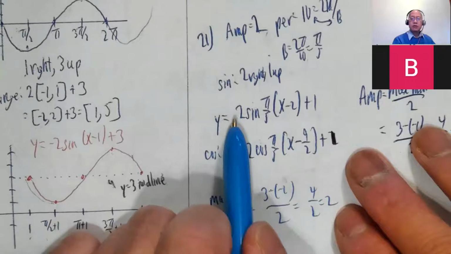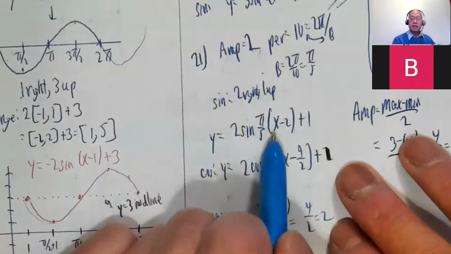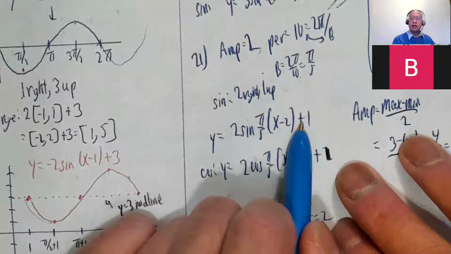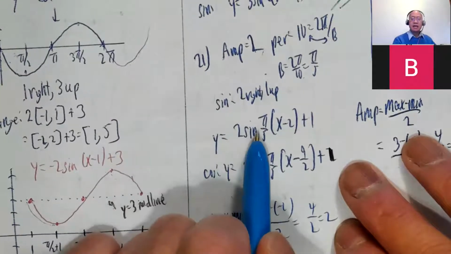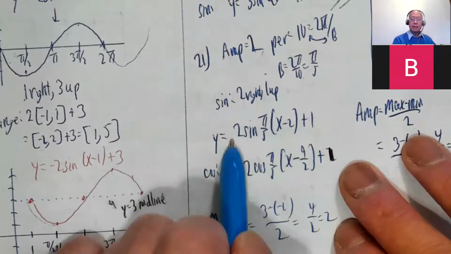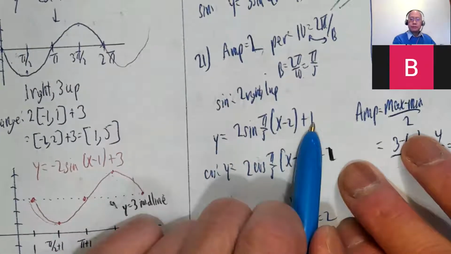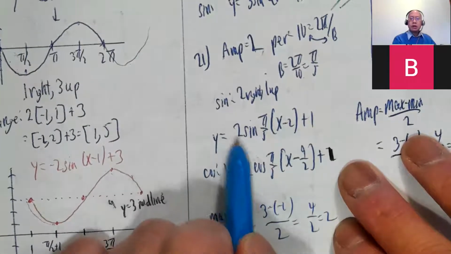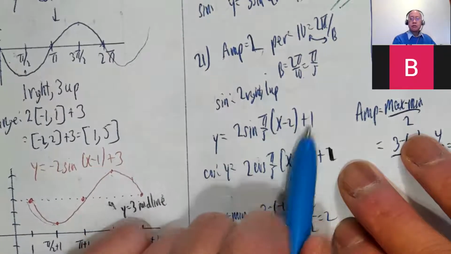So y equals 2 sine of pi over 5, that's the b, parentheses x minus 2, plus 1. So that covers everything: A, B, C, and D. Amplitude, period, horizontal shift, vertical shift. 2 sine pi over 5, parentheses x minus 2, plus 1.